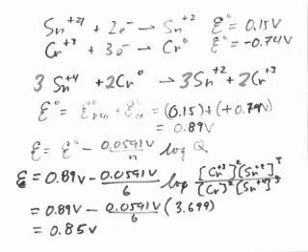So the E0 is 0.89 volts minus 0.0591 volts divided by 6 times the log. The chromium plus 3 and the tin plus 2 are the products. The chromium metal and the tin-4 are the reactants.